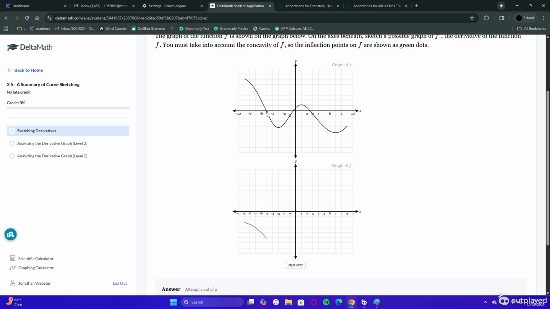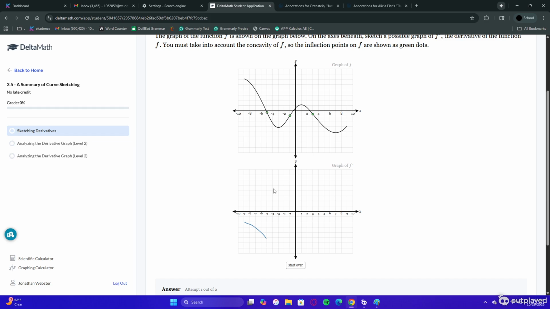And then after -5, the function of f switches to concave up, but it's still decreasing, so you know that it's going to be below 0, right? So it's going to be increasing, but it'll still be below 0. And then at -3, it'll reach 0 right here.